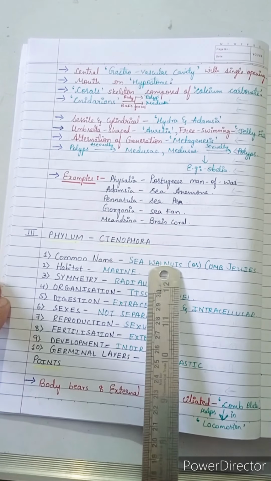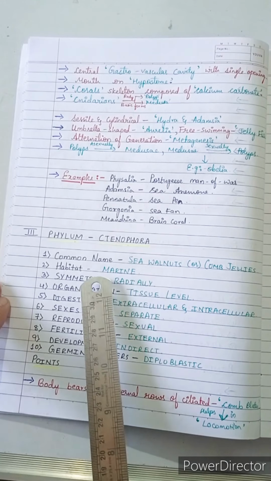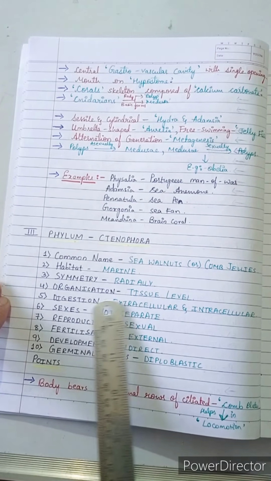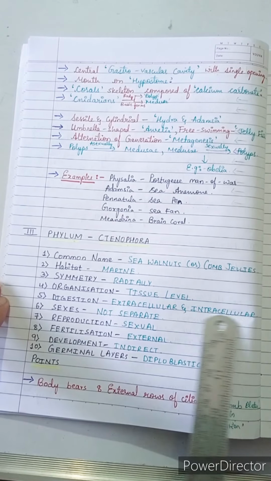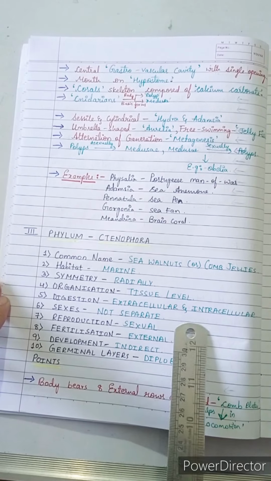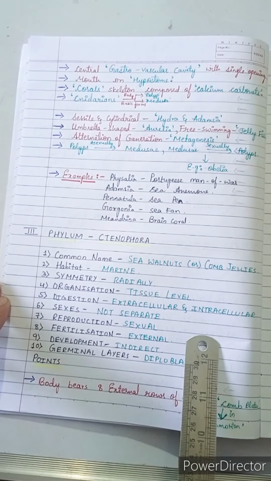Next phylum we'll see is Ctenophora. The common names are sea walnuts or comb jellies. Habitat: marine. Symmetry: radial. Organization: tissue level. Digestion: extracellular and intracellular. Sexes are not separate. Reproduction is sexual. Fertilization is external. Development is indirect.